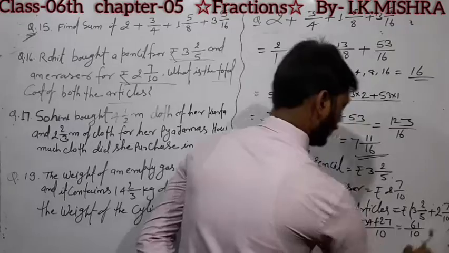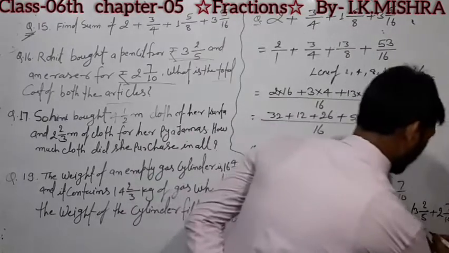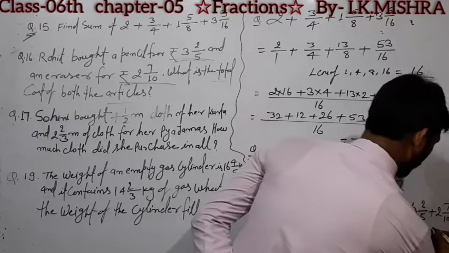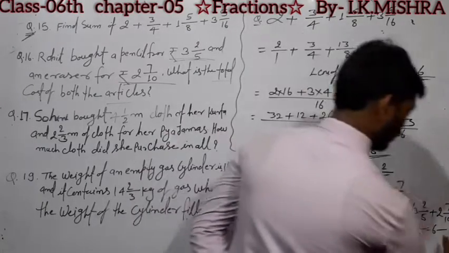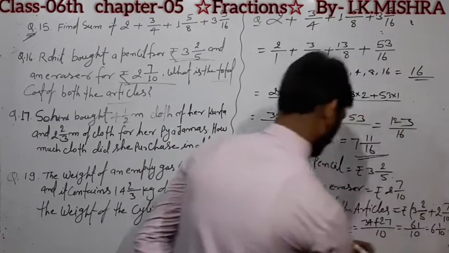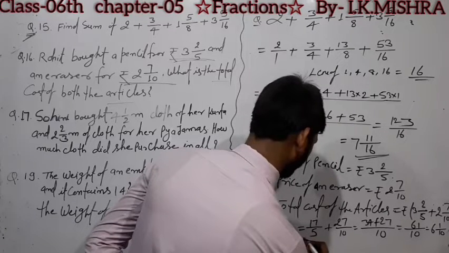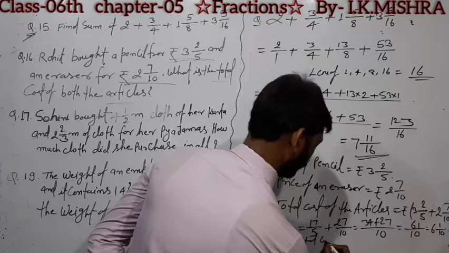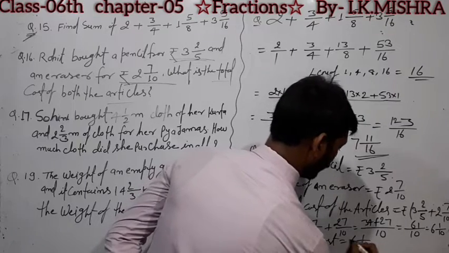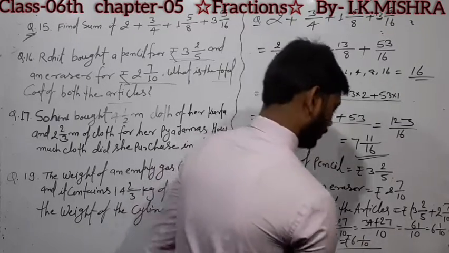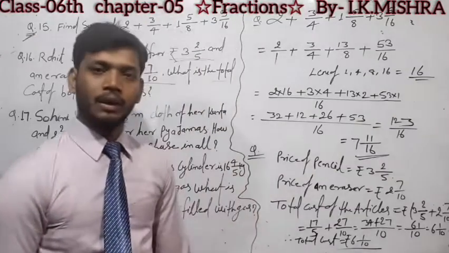Here, students, when you divide it, result equal to 6 whole 1 by 10. So total cost is equal to 6 whole 1 by 10 rupees.